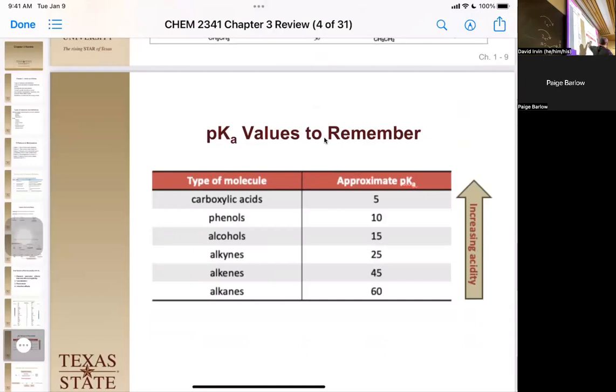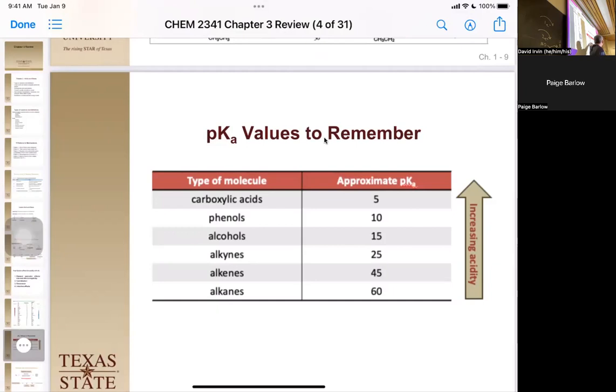And now these are alkynes, alkenes, and alkanes, 25, 45, and 60, respectively. And that's because of 50% s character, 33% s character, 25% s character. That's a great way to remember these, okay? And luckily, they go by 5s: 5, 10, 15, 25, 45, and 60. So you don't have to remember 17.3.